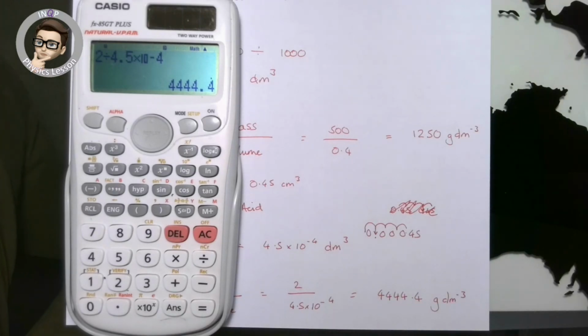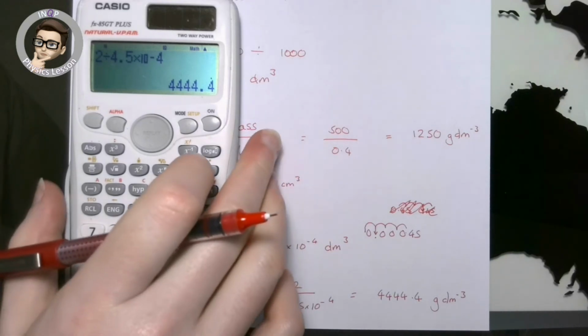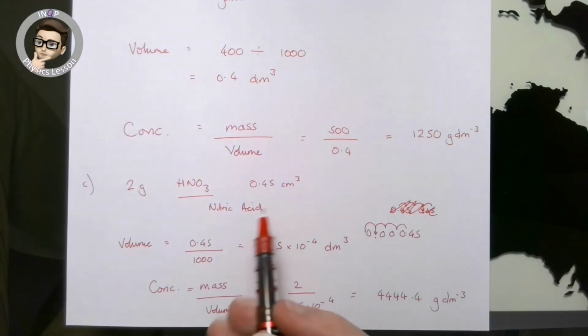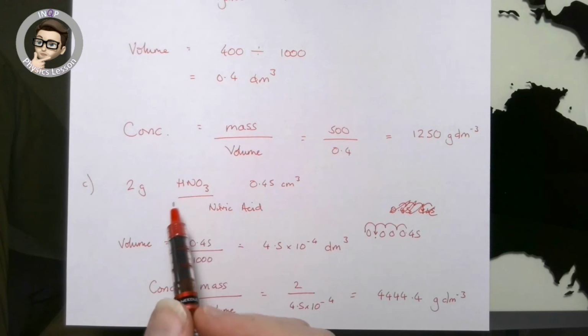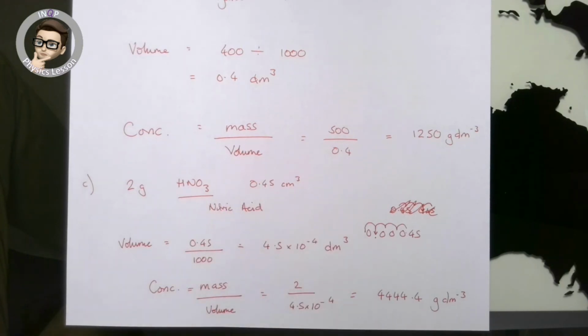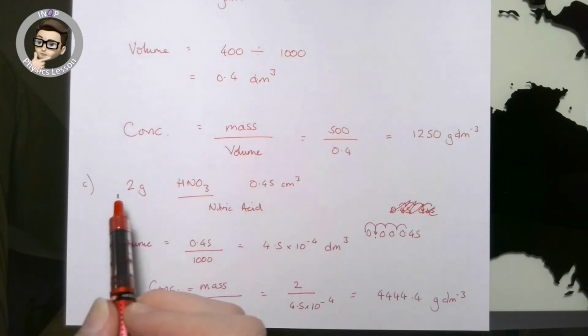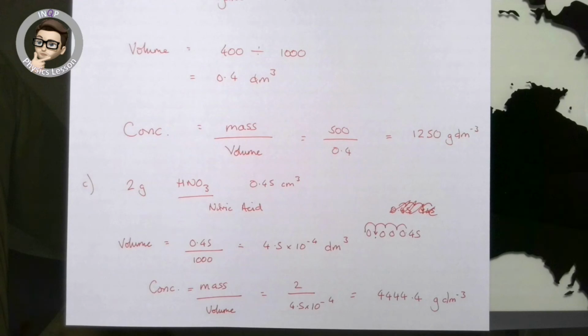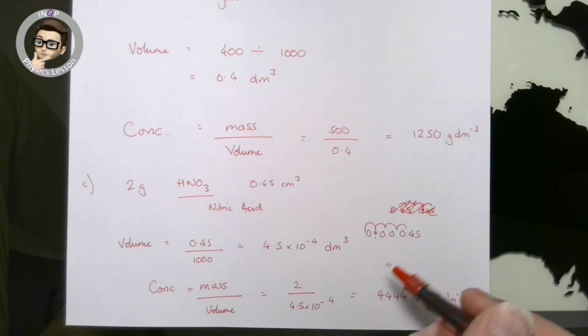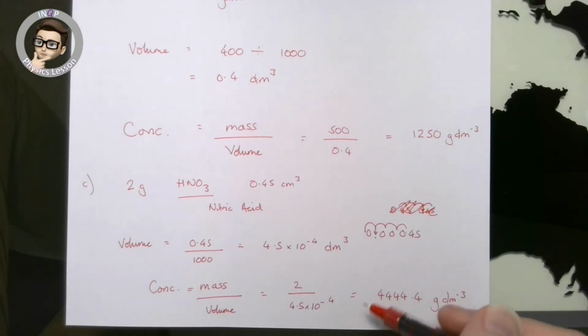So in fact, I would need nearly 4.5 kilos of this nitric acid inside every 1 decimeter cubed to have this concentration. So which had the highest concentration? Well, the highest concentration was in fact C. Why was it a surprise?